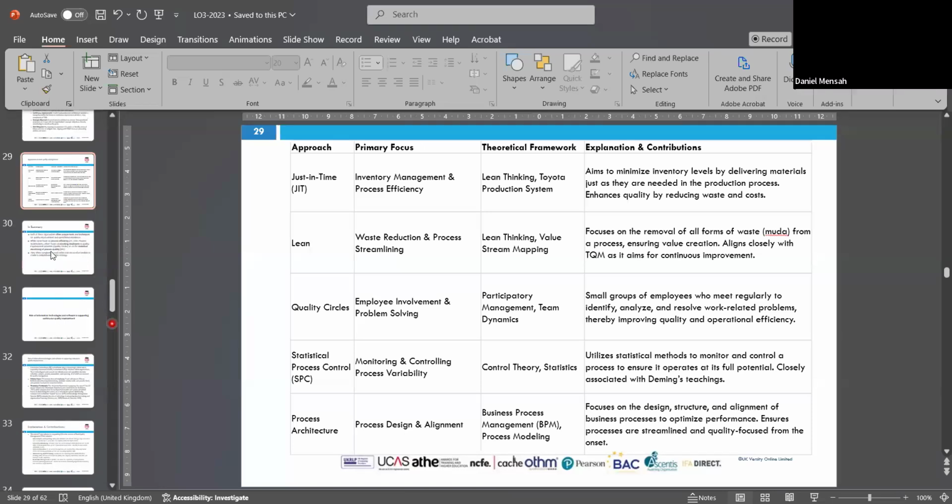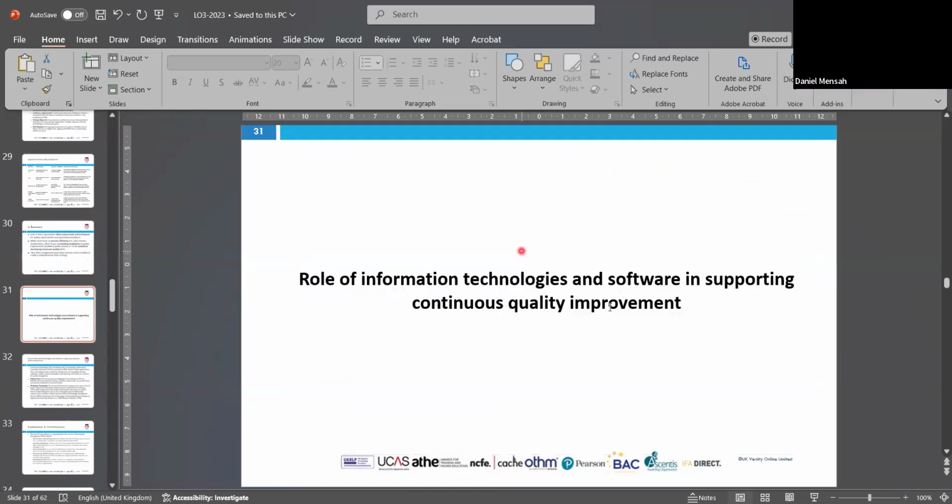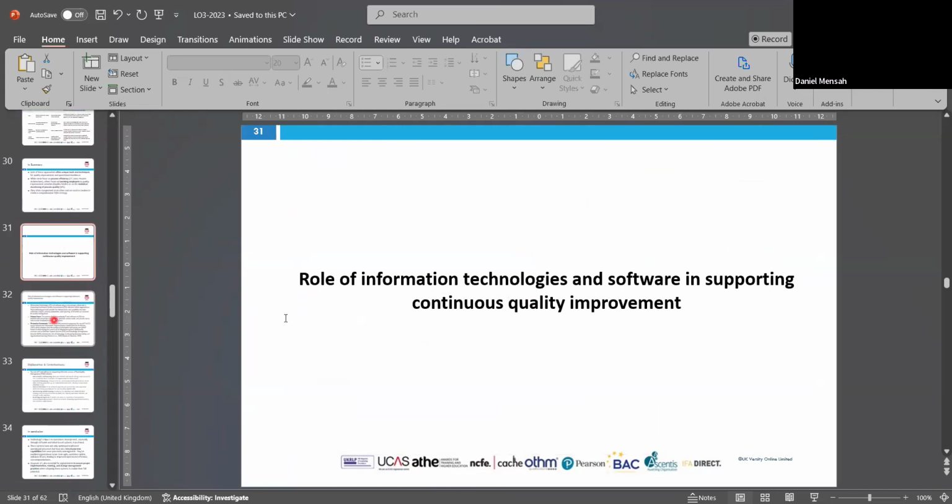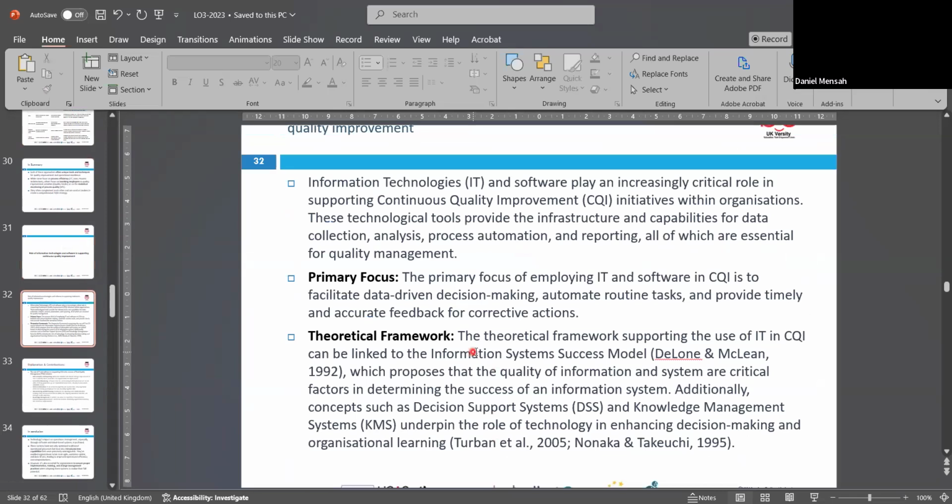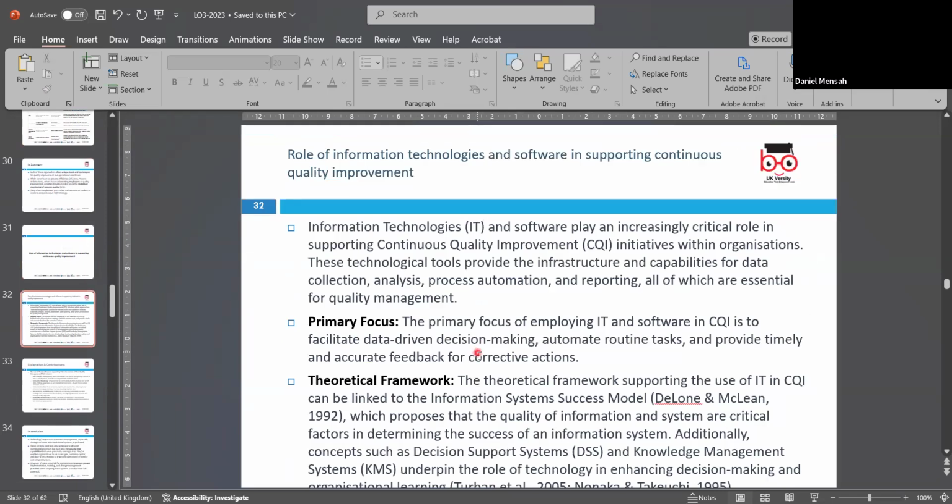Okay, now we are just going to explore the role of information technologies and software in supporting continuous quality improvement. From the quality improvement perspective, today we are embedding the information technology part also.